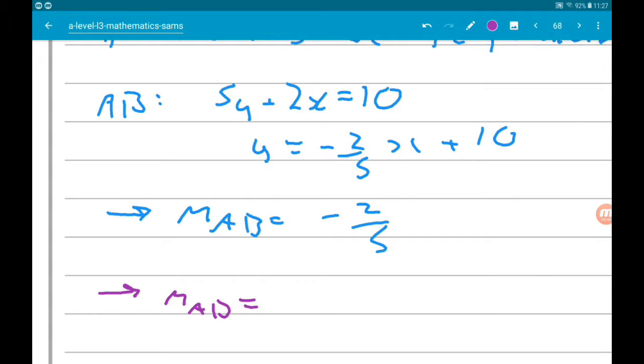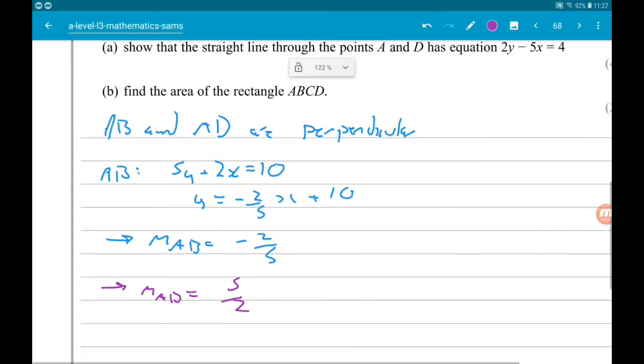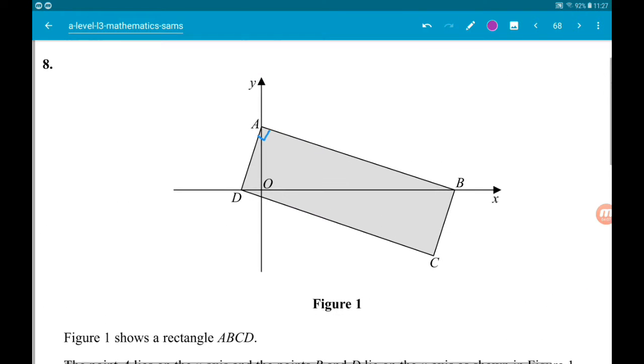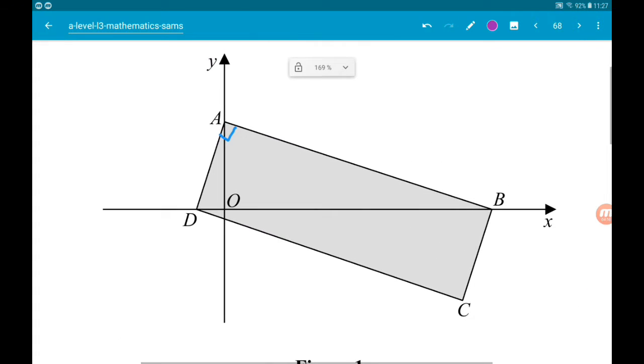So the gradient of AD is going to be positive 5/2. Now, to find the equation, we are going to need to know a point on the line. So, we can find the coordinates of point A.